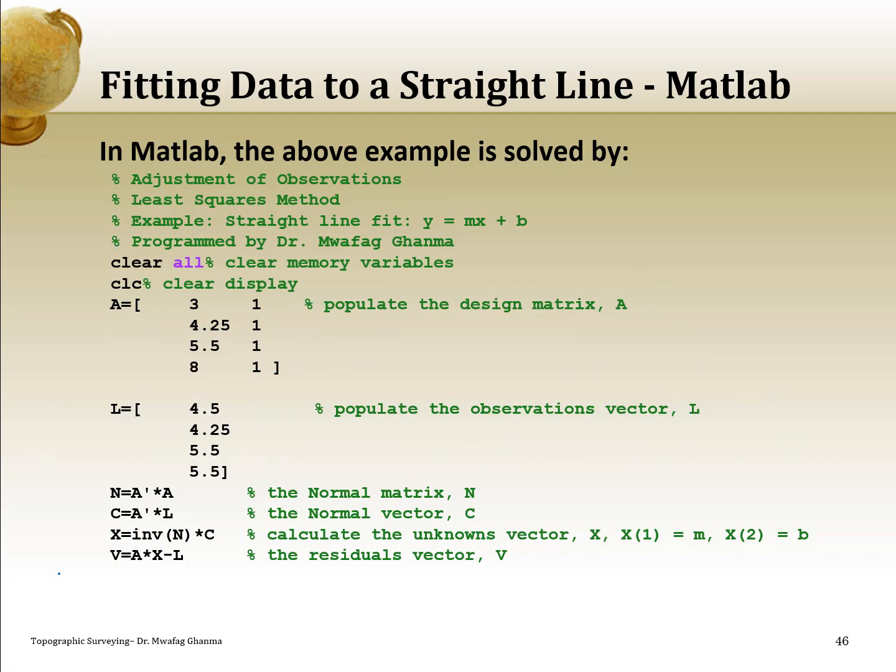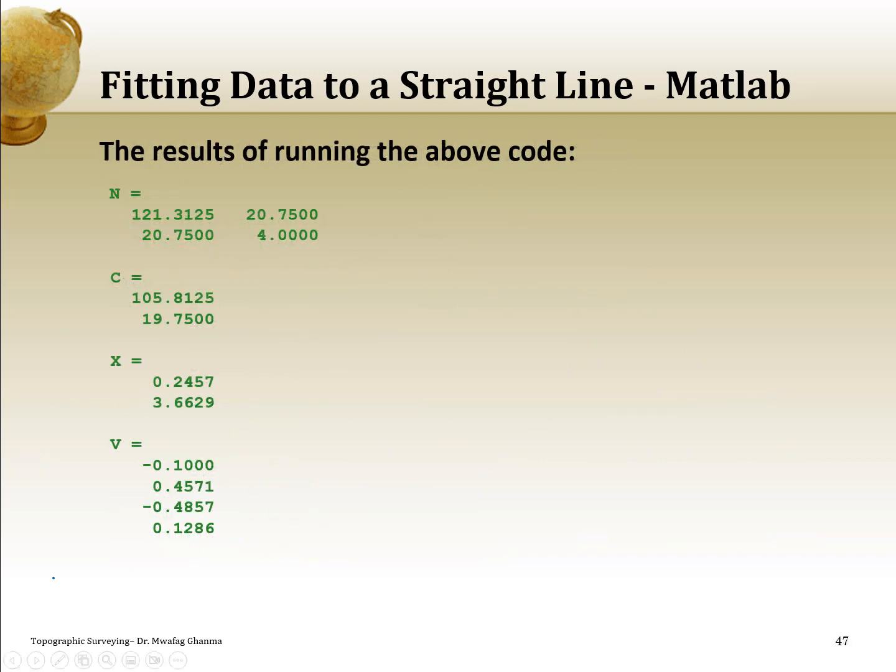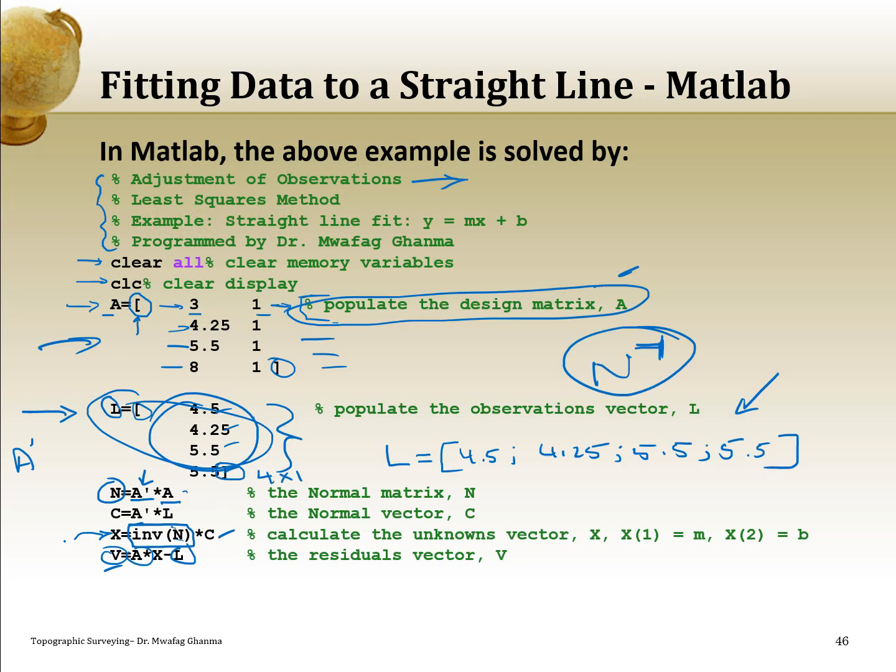Let's look at what you would see in the results window. We put the values in N, and then the values of N will be displayed in the window. And C also will be displayed in the window, then the calculation of X and the calculation of V. Now, in case you do not want the N and C values to show, what we usually do is follow the declaration, like N here, with a semicolon.